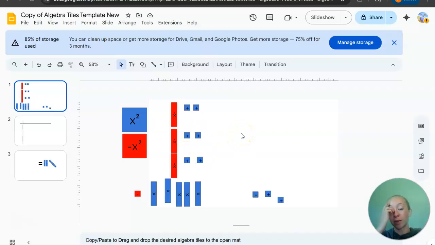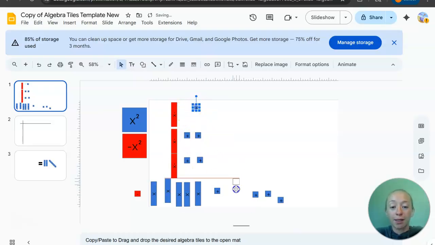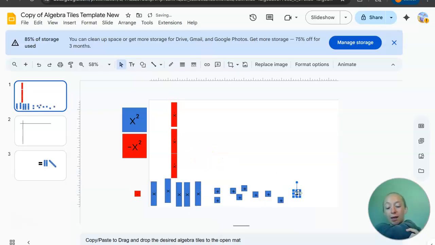So our final answer would be negative 3x plus 6, right? That's what we got here. Next one, we have 2 times parentheses 2x plus 1. So again, same thing, just changing a little bit of our process here. So we're doubling what's in the parentheses, right? Because we have a 2 on the outside.